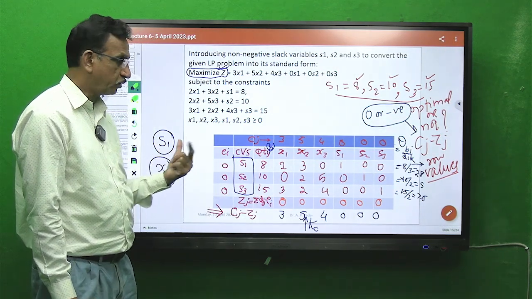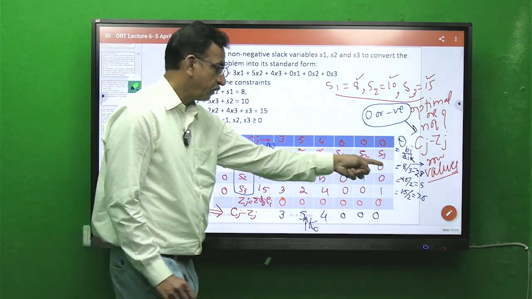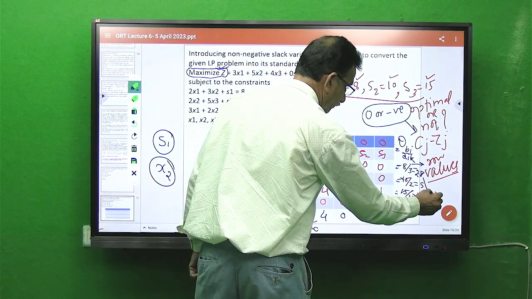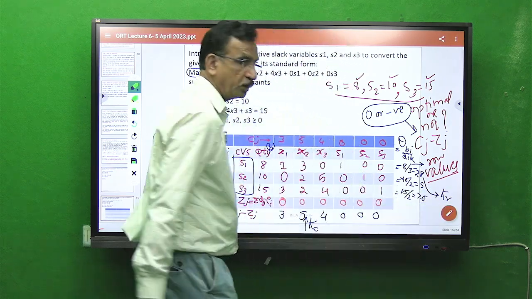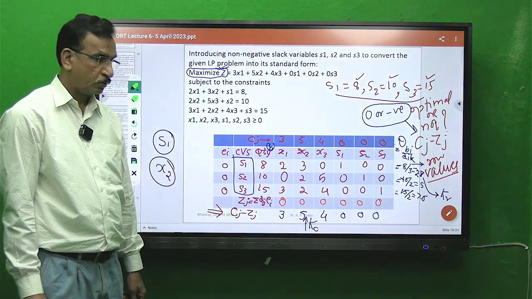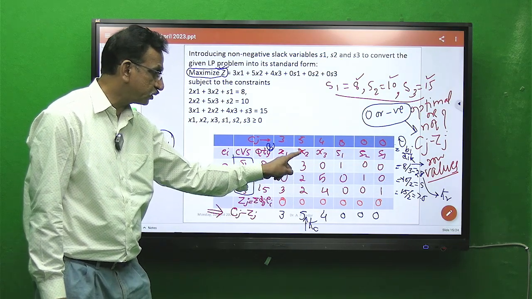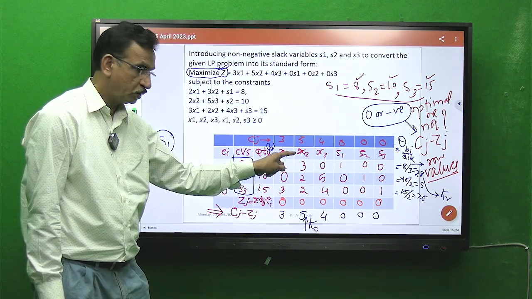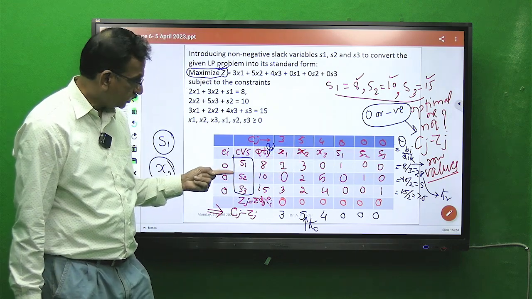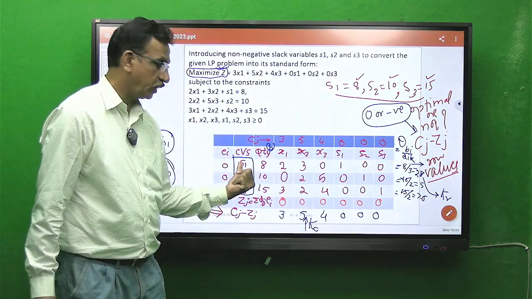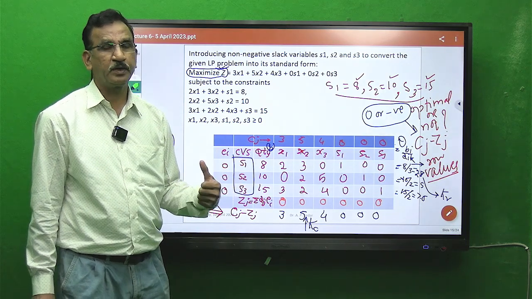This variable we have got through this row, which is referred to as the key row. So I have pointed this towards X2, and I have given this direction to S1. So this is for indication.